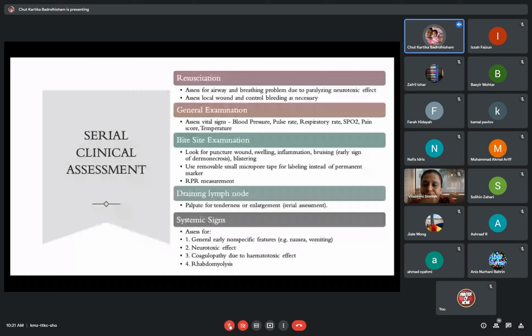Patient may also, apabila dah ada envenomation, may lead to paralysis. Okay. So we have the snake bite chart. As you can see here, serial assessments of the patient's clinical progression should be performed for the first 48 hours, which is the 2 days of the presentation. And catat dekat dalam snake bite chart macam ni.